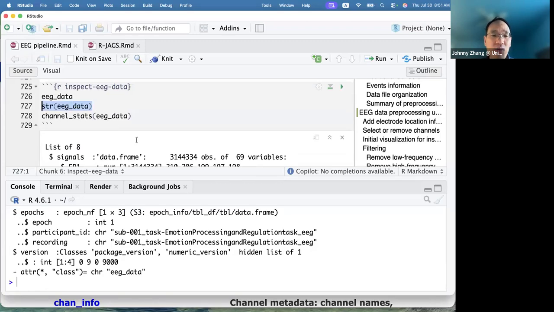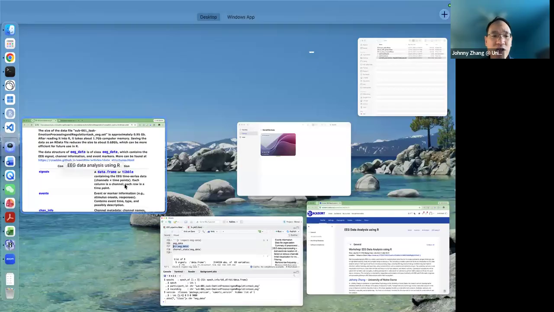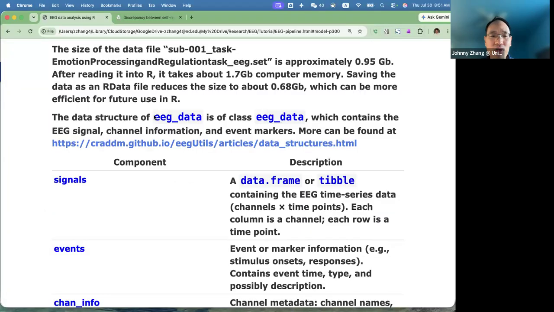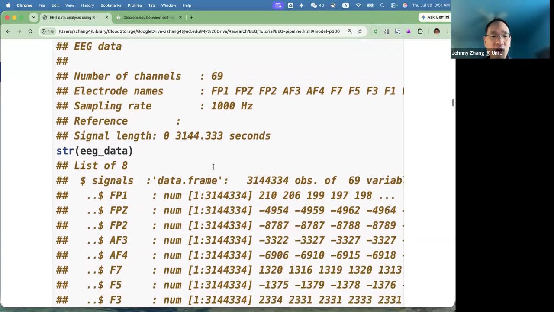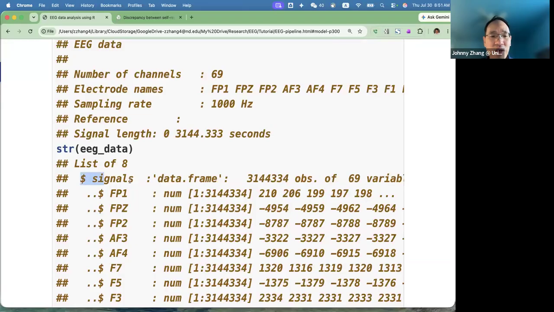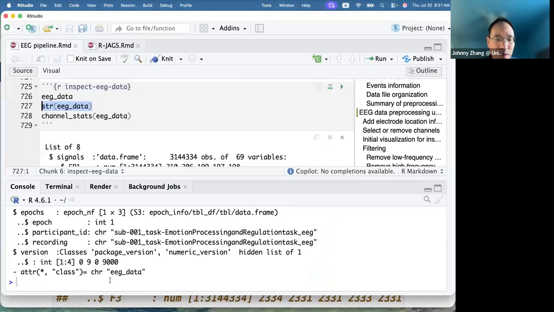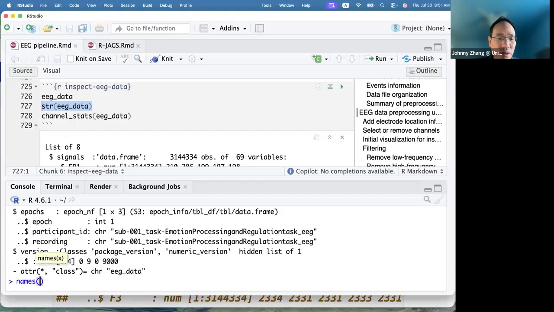The data format is a large list. The EEG data is a list that includes different components. For example, it first includes the signals component. As we know, to look at the components in a list.